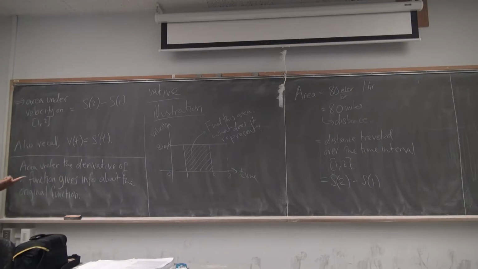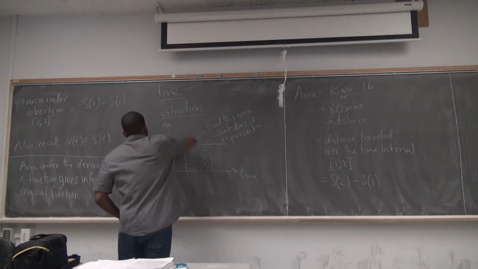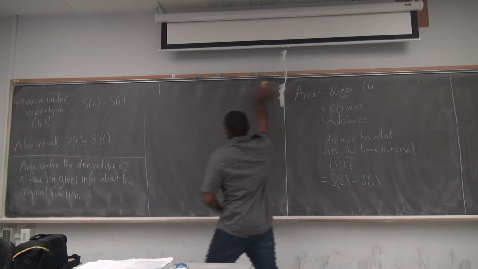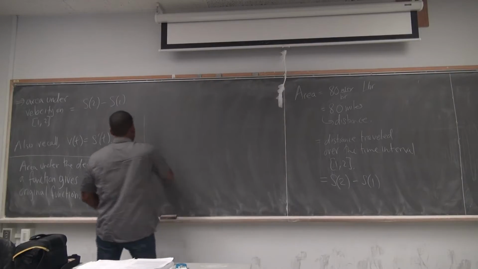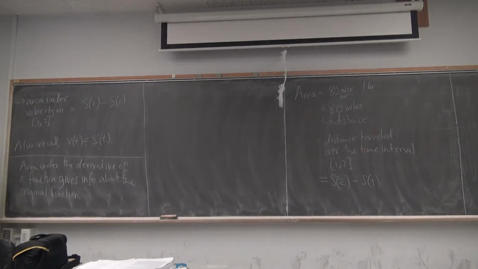Just as how I can look at the original function, I can look at its slope and I can tell you about its derivative. In another way, I can look at the area under its derivative and tell you about the original function, right? So it's kind of like it goes hand in hand. It goes two sides of the same coin. You can flip one and unflip it in some way.